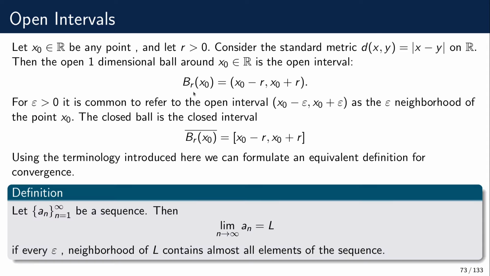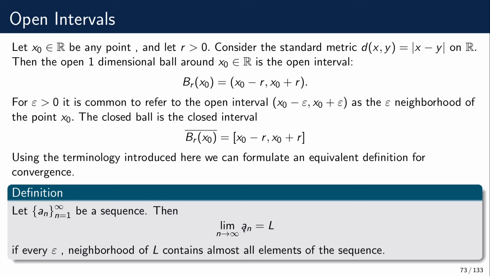Okay, and so now let us restate and give an equivalent definition of convergence. So suppose that we have a sequence an. It could be a sequence of real numbers. Here it's understood that this is a sequence of real numbers, but it really generalizes to arbitrary spaces where we have a distance, or even just a topology, but let us ignore topology for now.